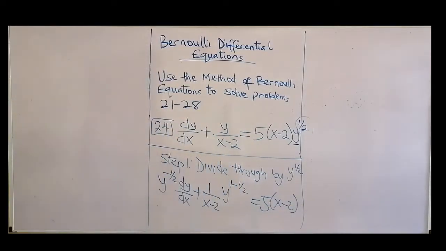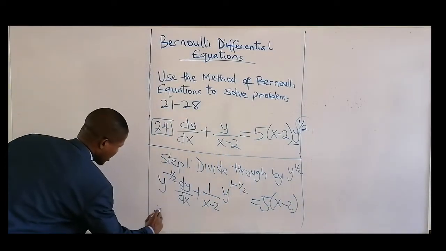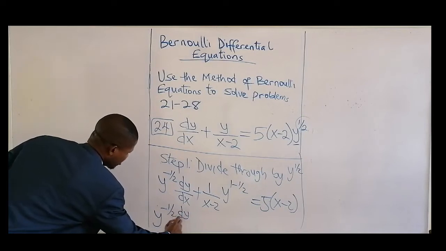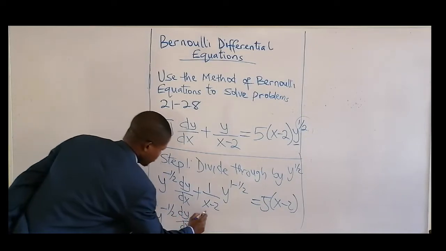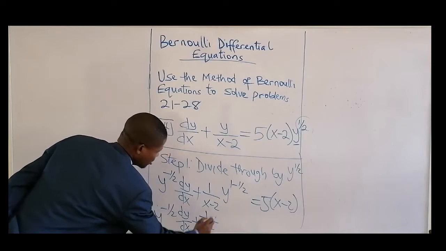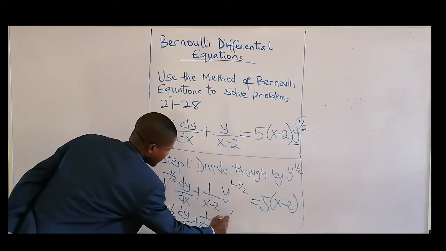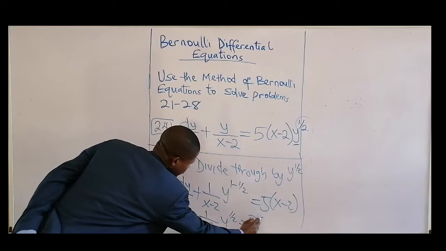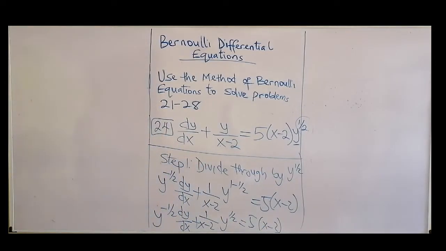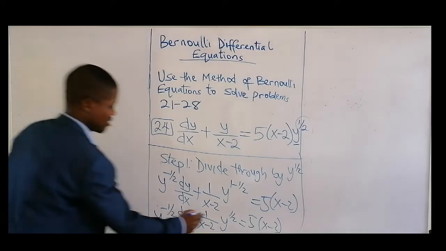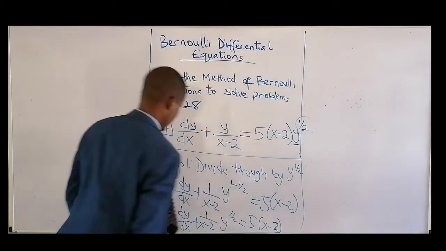Then this will give us y to the minus half dy/dx plus 1 over x minus 2, y to the half, equal to 5 into bracket x minus 2. And that's then substitutions.